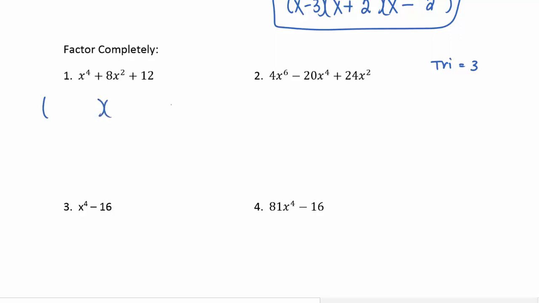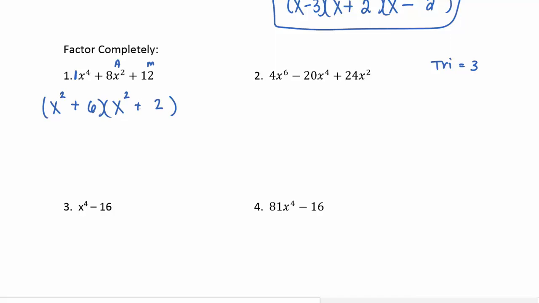That's the only difference, that now it needs to split into x squared and x squared, because x squared times x squared is x to the 4th. Then I need to look for two numbers that multiply to 12 and add to 8. I get to do this because there's a 1 out front, and those are a little bit easier. That would give me 6 and 2, and they both need to be positive.